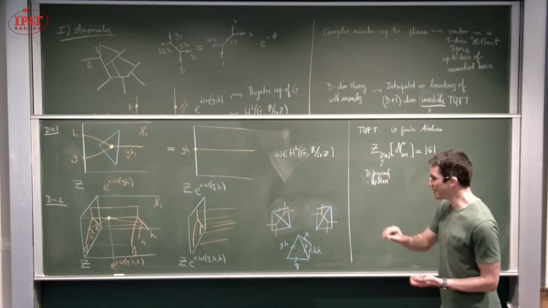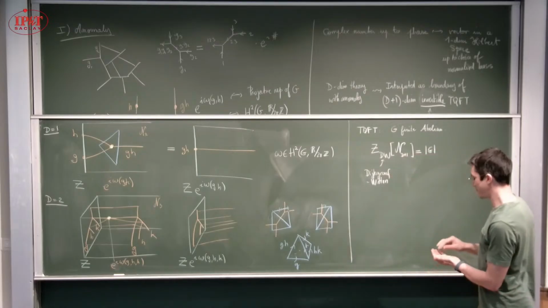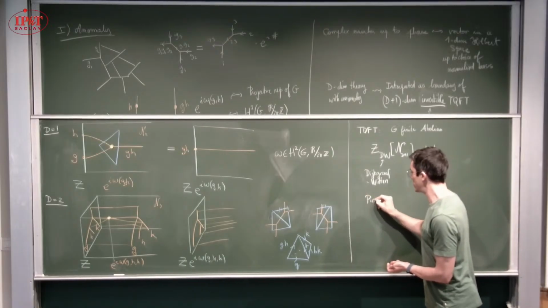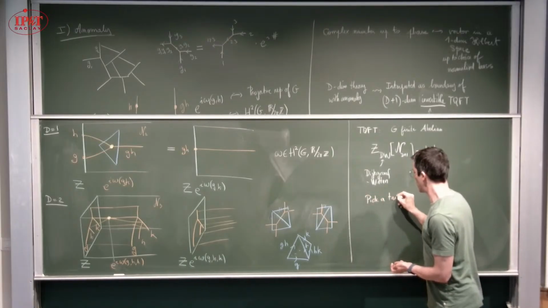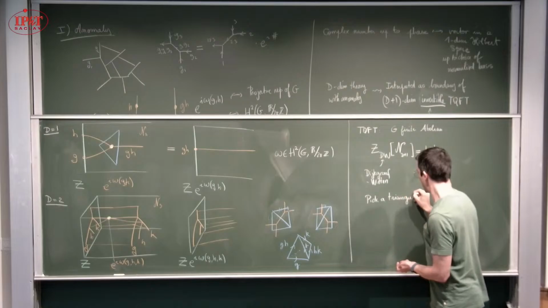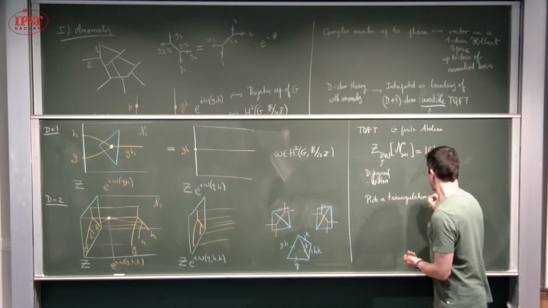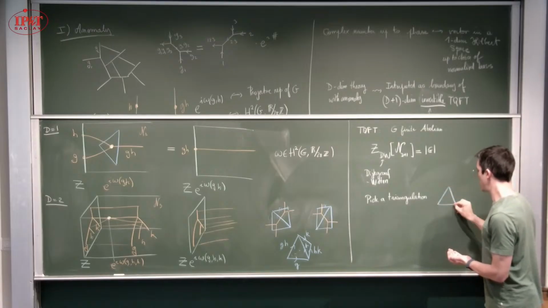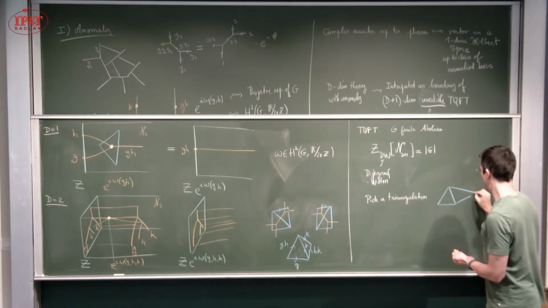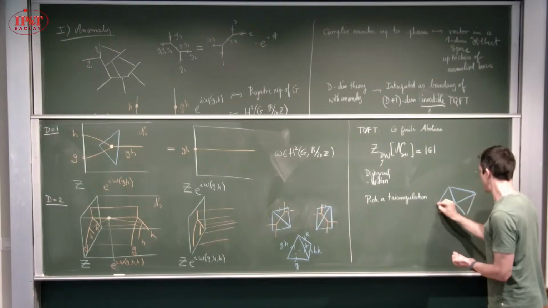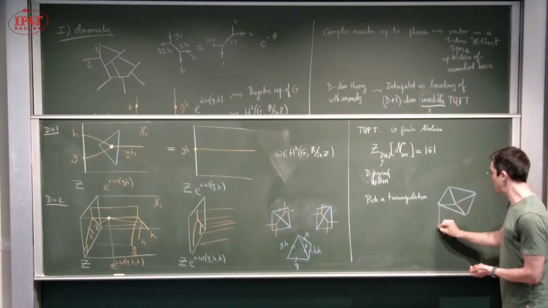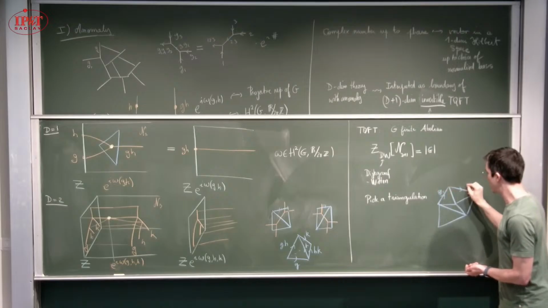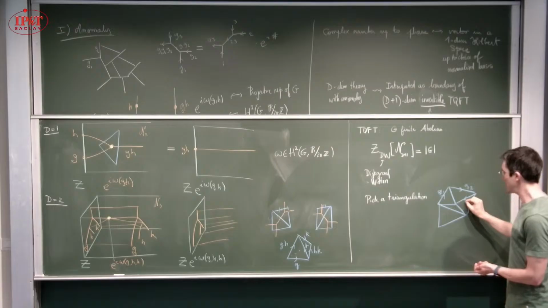And then you triangulate your space. So in order to compute this, you pick a triangulation. And then let's do it in 2 dimensions. You pick a triangulation. Then to each edge, you associate a group element, G1, G2, G3, and so on.